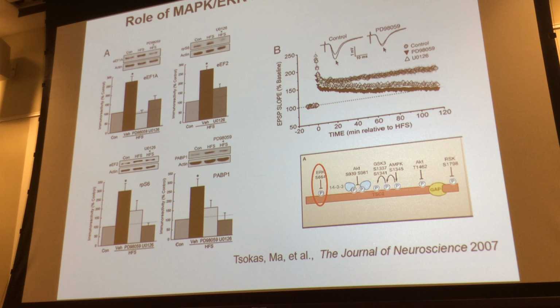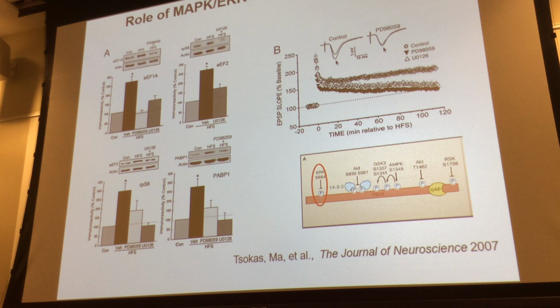As I just said, ERK is a negative regulator of TSC2, which is a negative regulator of mTOR. So when you inhibit ERK, the mTOR signaling is going to be down.